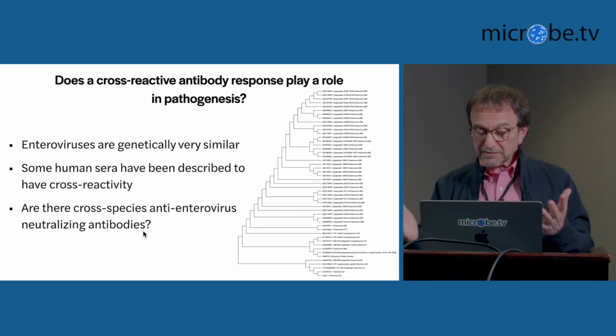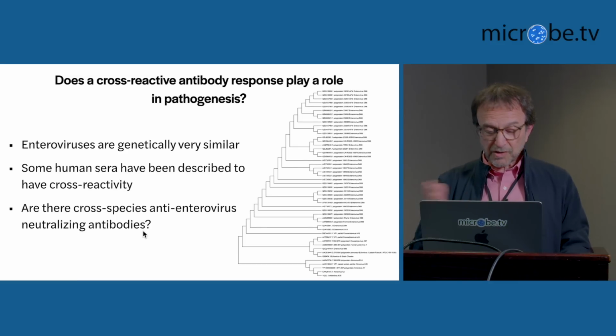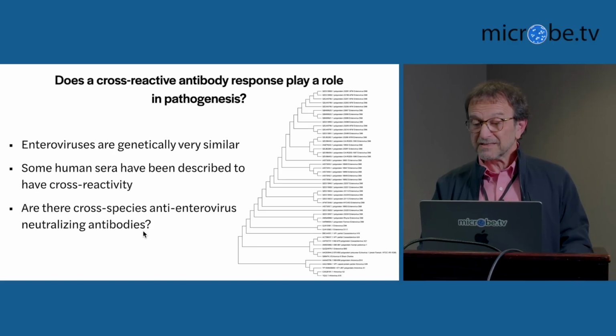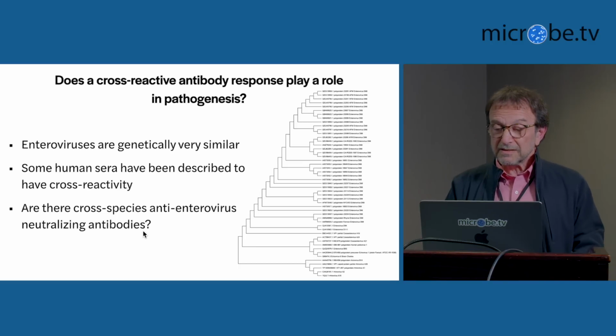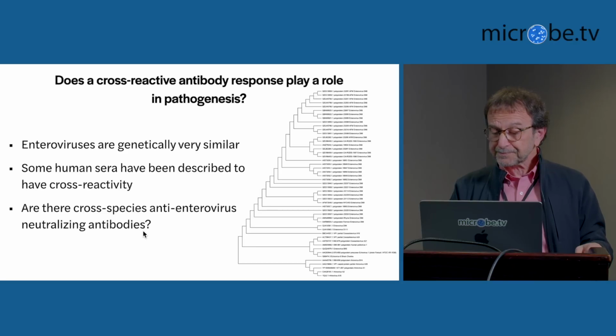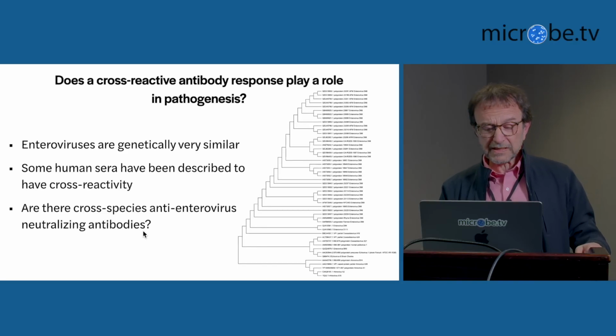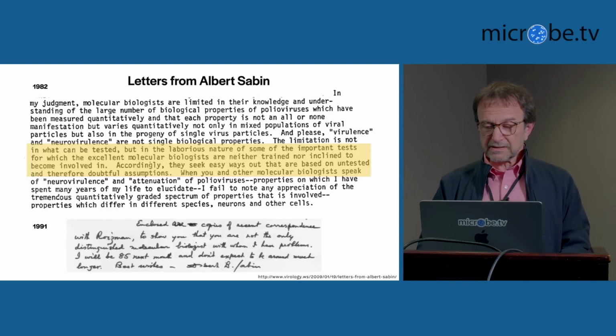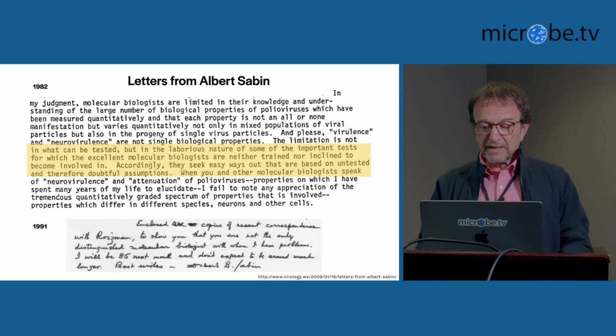We immunized mice with different enteroviruses and did cross-species neutralization assays, and the answer is yes. We can have antibodies against poliovirus that neutralize EVD68 and vice versa. In fact, antibodies against poliovirus that neutralize rhinoviruses. So the contribution of that is potentially very important, probably beyond what we think, and that'll be one of the things that Amy is working on in her lab.